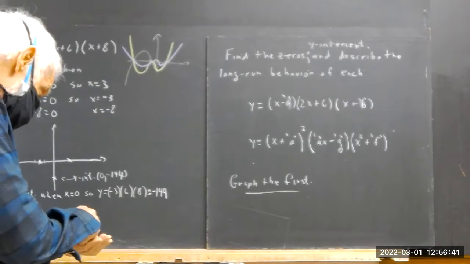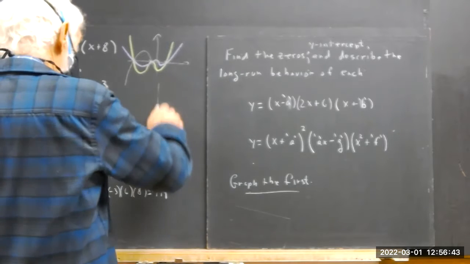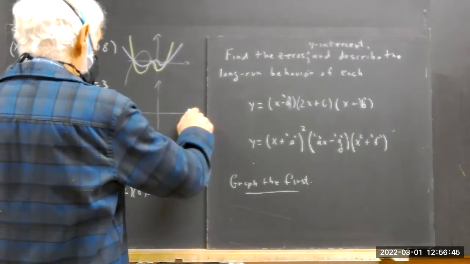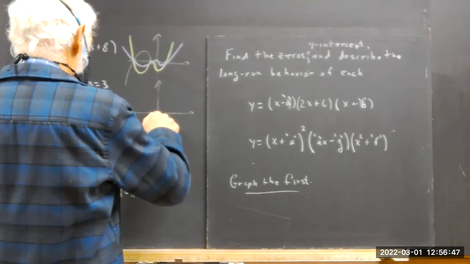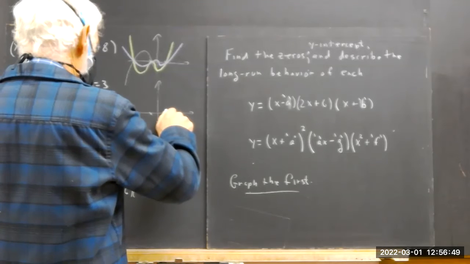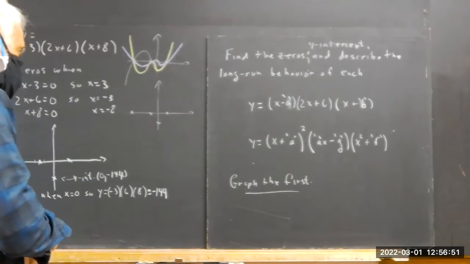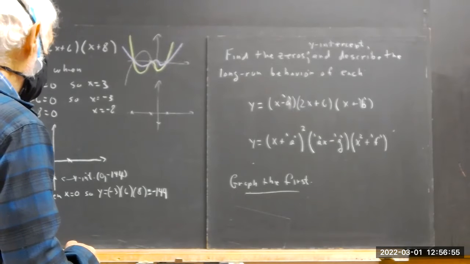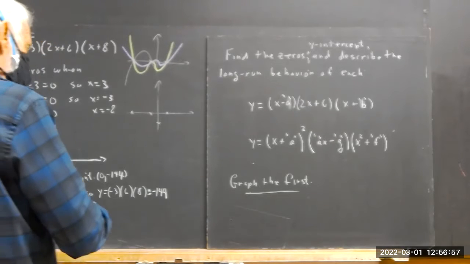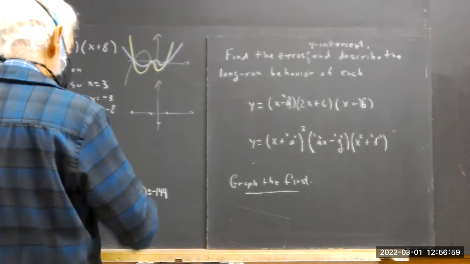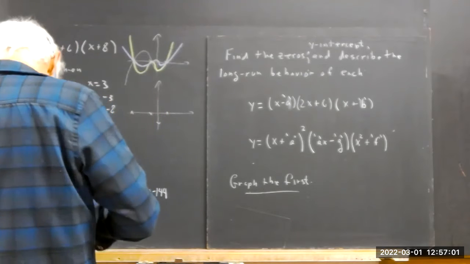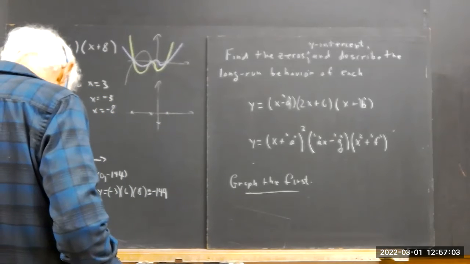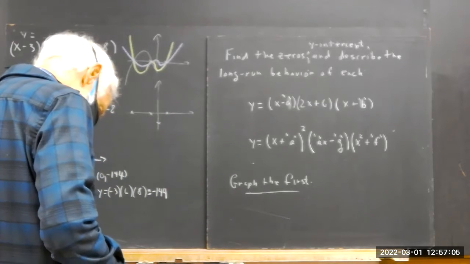So I could do another one to illustrate what I really wanted to say. A nice smooth graph goes through all these points. It could be a different color. That one.